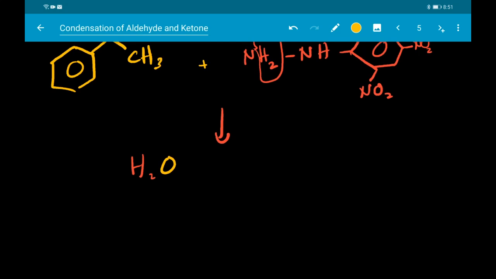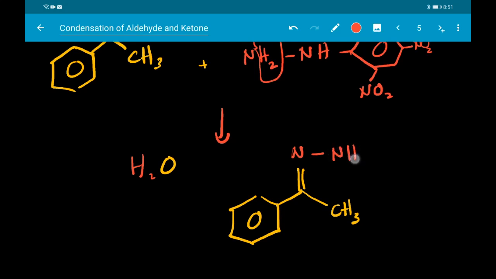And the product that we are looking for is benzene attached to the double bond, attached to the CH3. We're going to add the rest of the structure, N attached to NH, attached to the benzene ring, which has the nitro compound.